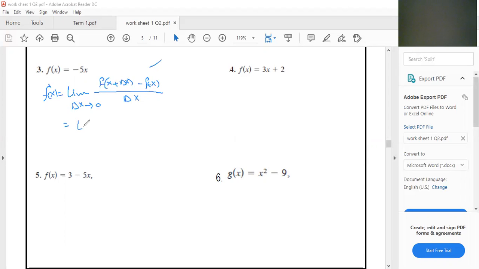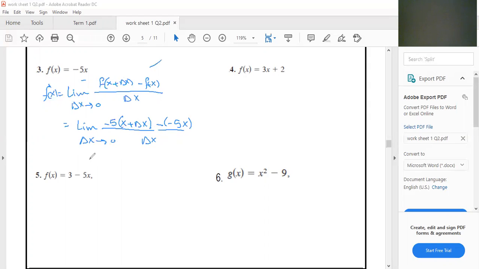It will be limit, replace in the function x in the place of x, right? x plus delta x, it will be -5 in the place of multiplying x, it will be x plus delta x, minus f of x, which is -5x, right? Between two brackets to know how to distribute the sign, over delta x when delta x approaches 0.